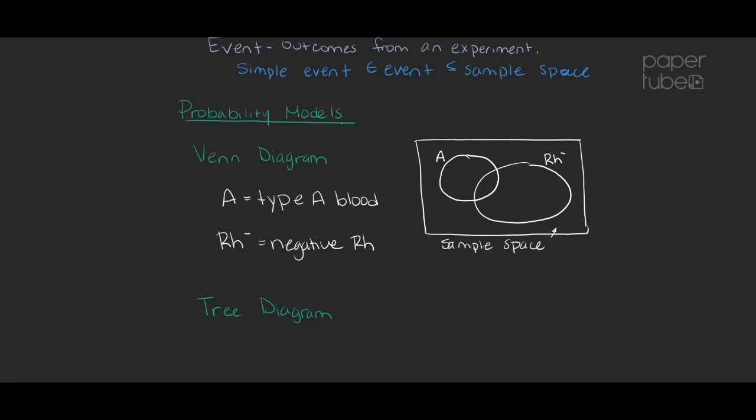So now we want to list within this box, which represents the sample space, all possible combinations of blood types and their positive, negative subtypes. What I like to start with is the overlap. The only blood type that would have A and negative is A negative. The only remaining option for blood type A would be A positive. Inside the negative bubble, we're going to list all the other blood types with the superscript of negative.